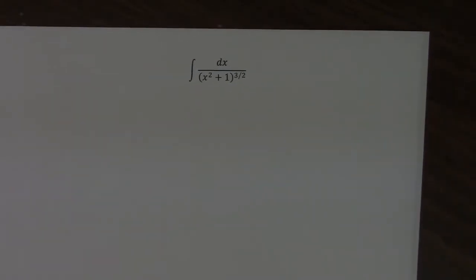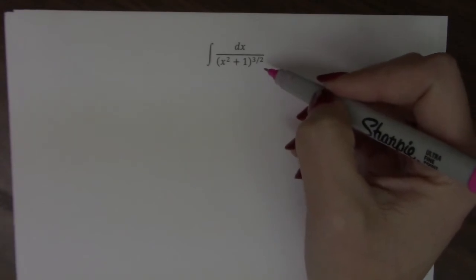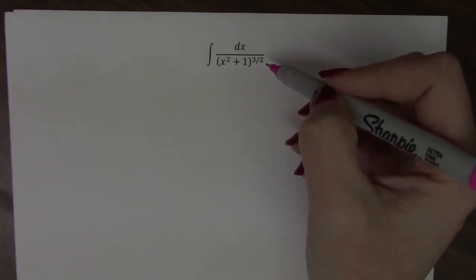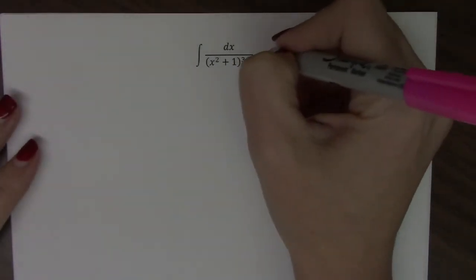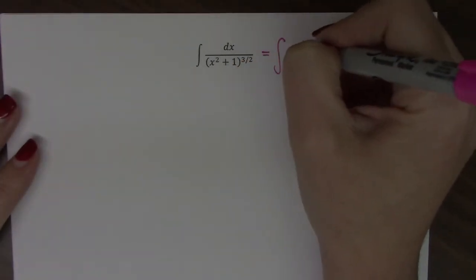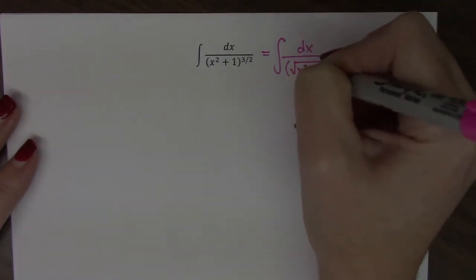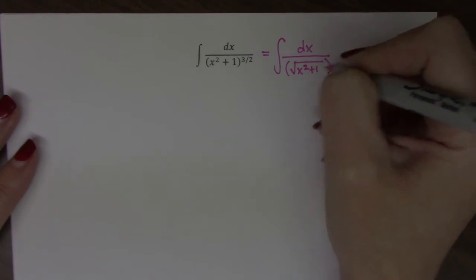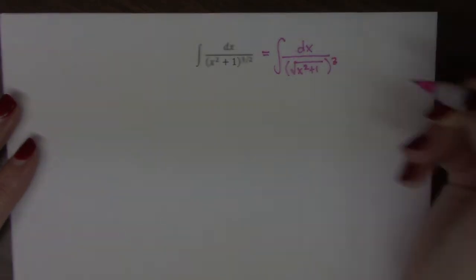All right, let's look at another one. In this problem, we don't actually see the radical, but that's because it's raised to the 1/2. Remember, any fractional exponent where the denominator is a 2 is actually a radical. So this integral is actually saying dx over the square root of x squared plus 1, and then we cube it.